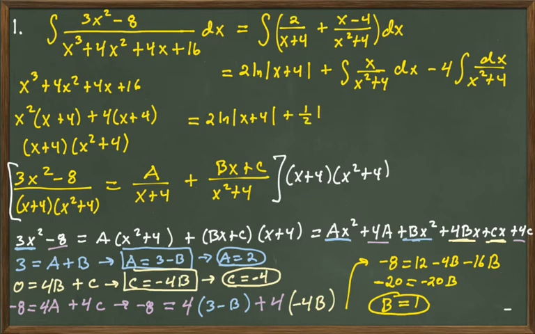So u would be equal to x squared plus 4, and du would be equal to 2x dx. So we multiply by 1/2 and by 2, and those offset each other, and then you would have the integral of du over u, which is going to be ln absolute value.